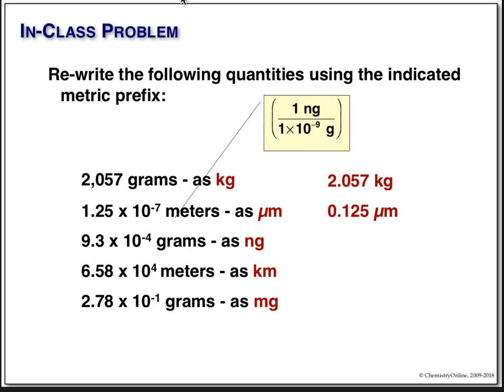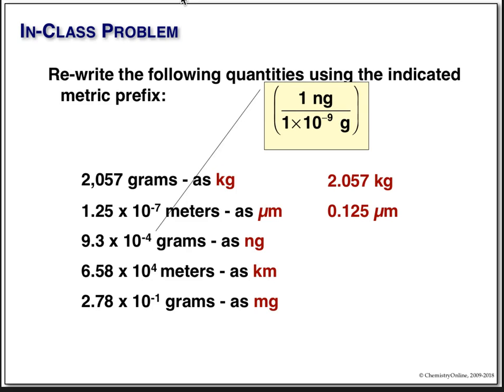So you could write a ratio like this. And to solve the problem, take your calculator, you multiply this by this, grams cancel, and you're left with 9.3 times 10 to the 5th nanograms.